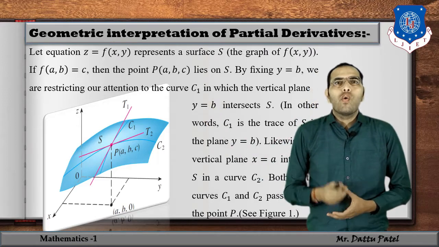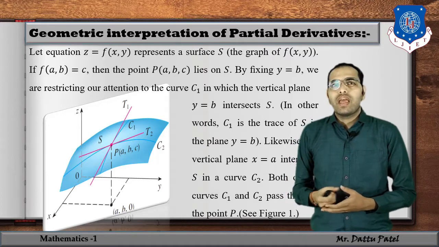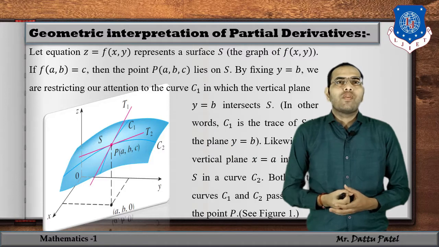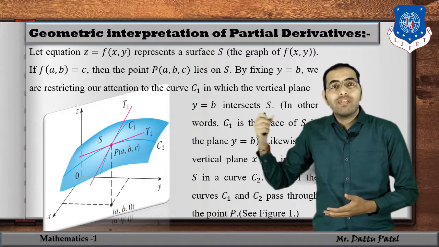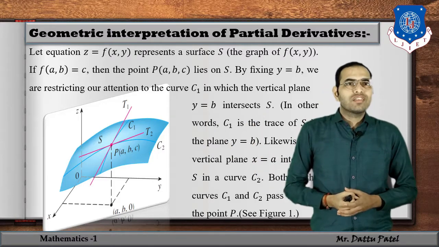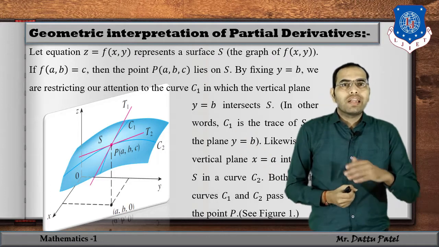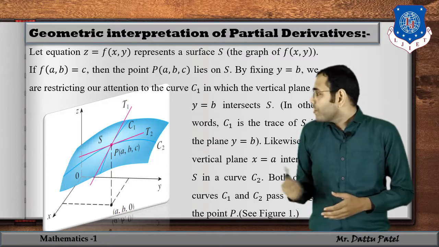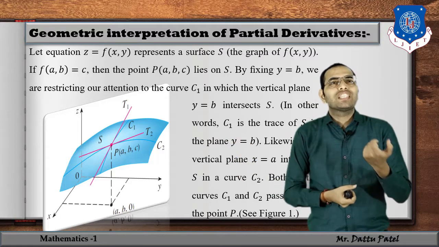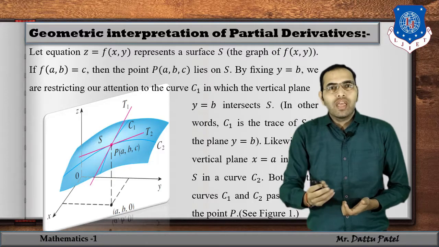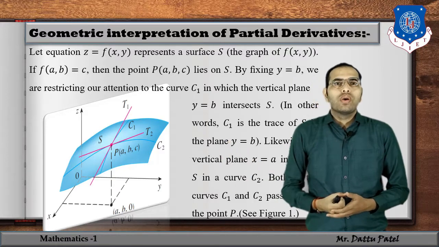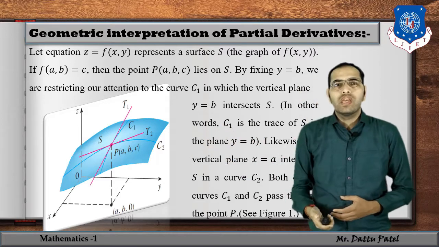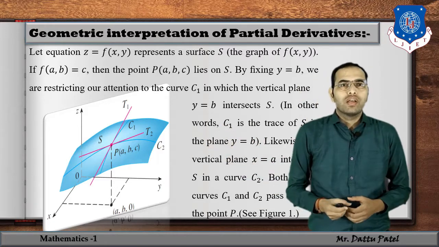By fixing y equal to b, our curve C1 is where the vertical plane y equal to b intersects the surface. In other words, C1 is the trace of S in the plane y equal to b. Likewise, the vertical plane x equal to a intersects the surface in the curve C2. Both curves C1 and C2 pass through the point P, as shown in the figure.